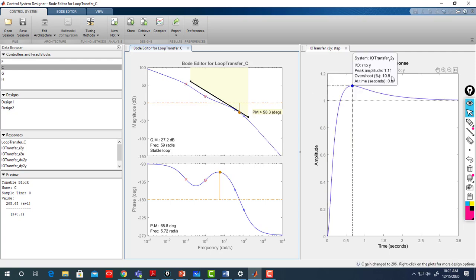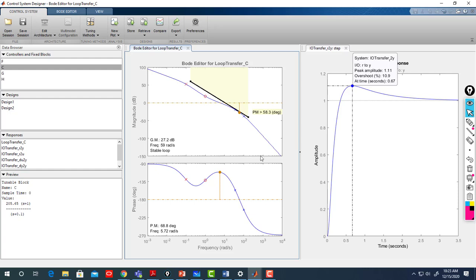So you see it's like 10 point something. We need to recheck this design requirement, if it's met, but basically at infinity this should be KV.